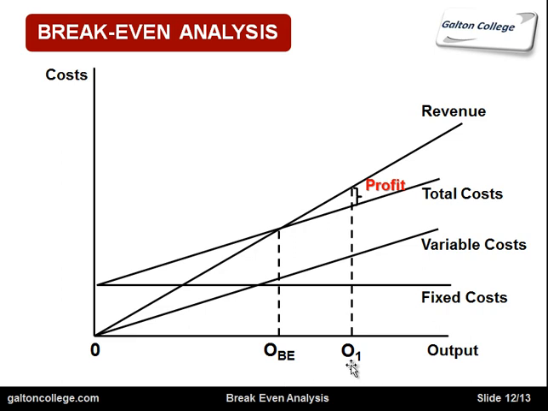If we go along to output level 1 over here, then we would have a profit. The revenue would exceed costs. Anything less, costs will exceed revenue. So this is the break-even, and the more output we produce, the more profit we get.